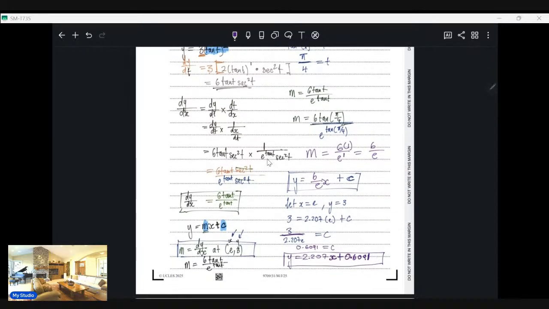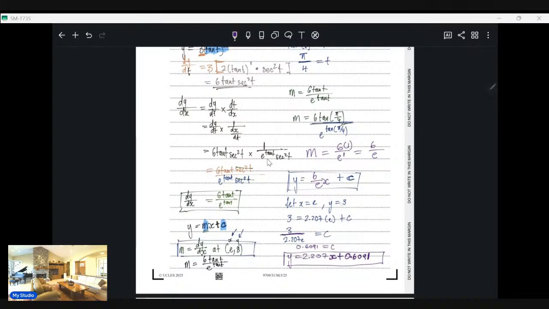Then now we just have to find c. You say x is e, y is 3, then you find c. So you'd say 3 is equal to 6 over e times x, which is e again, then plus c, which now we can use to find c. e and e will cancel. 3 will be equal to 6 plus c, which means 3 minus 6 is equal to c, which is negative 3.